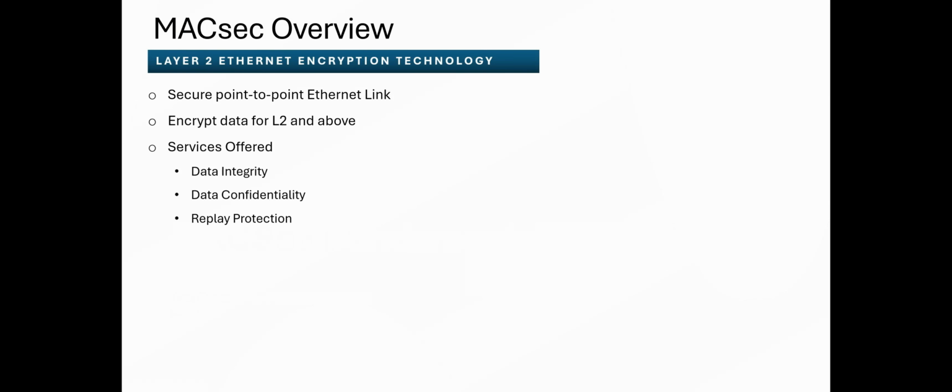Since the data is encrypted, the integrity comes as part of a field that gets embedded in the packet to make sure that you are getting whatever you send out. And replay protection is done by adding a packet number.